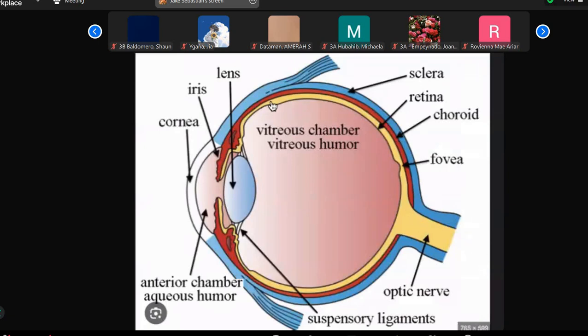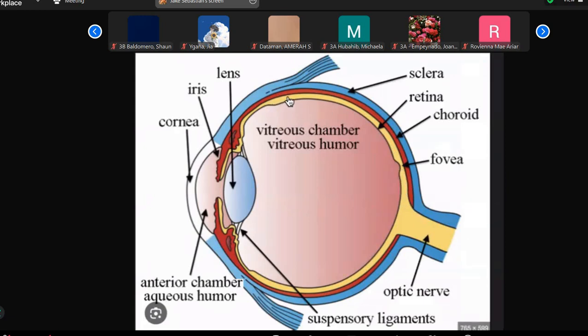If you divide this yellow portion of the retina in half, the one facing the world is the inner retinal layer, and the one at the back, the one facing the choroid, is the outer retinal layers. Since the outer retinal layers are next to the choroid, it supplies food, blood, oxygen, and so on only to the posterior layer of the retina.